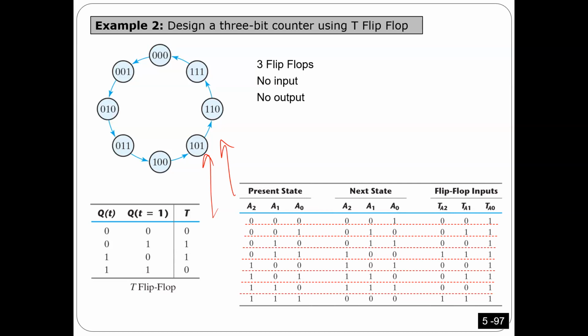I can modify it after I finish to add an input, but forget it now. This is the simple one. Just a clock, and there is no output. When I say no output, I mean there is no output coming from a combinational circuit, but the output will come from the flip-flops. That's why the flip-flops here are my output. Is that okay? So that's why this is a very easy state diagram.